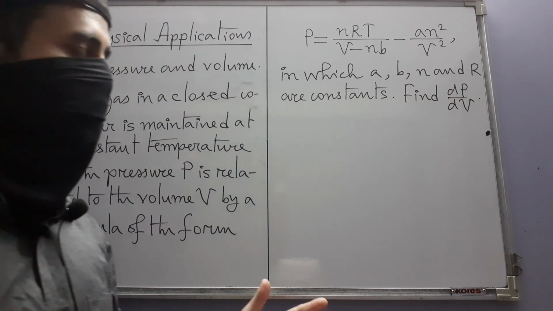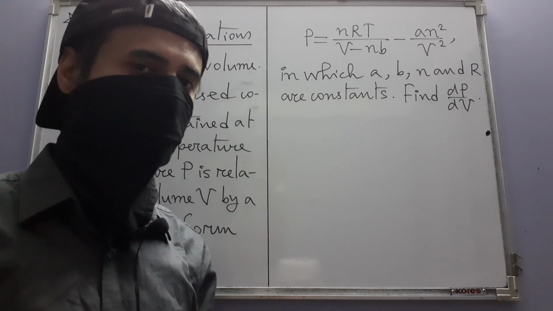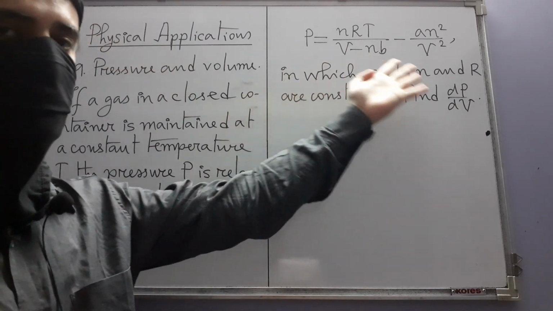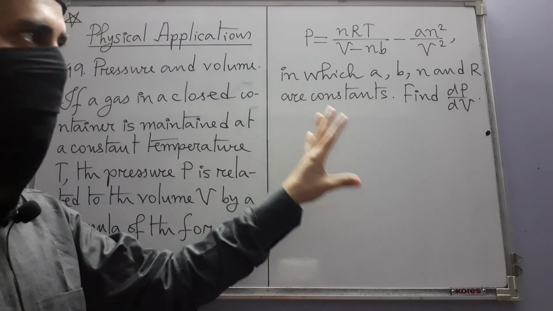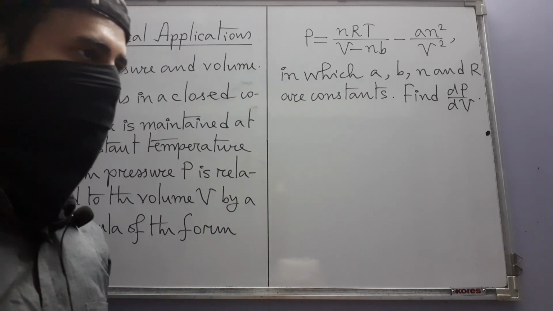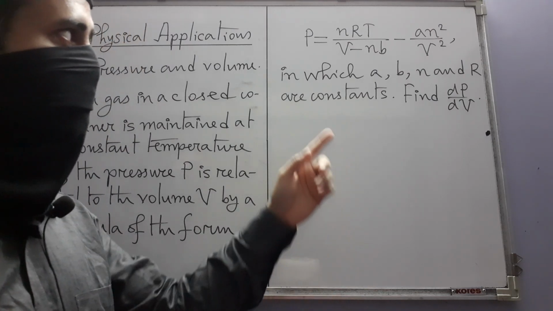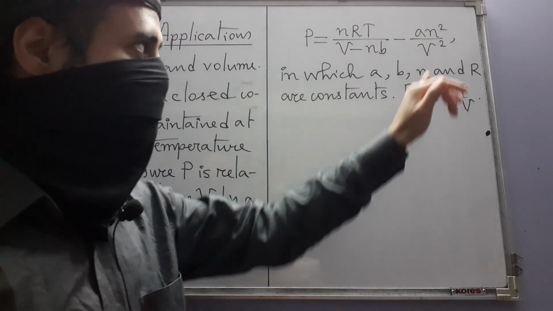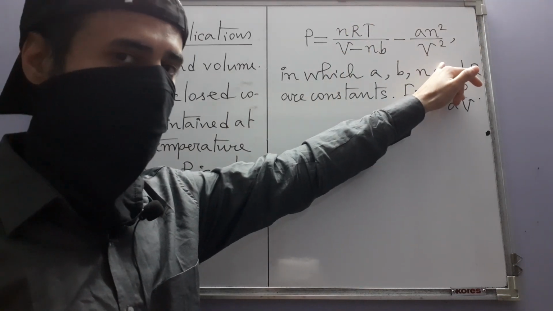Actually, you are most probably already familiar with a special case of this formula. Maybe you did not see this one itself, this is a general one, but you are at least familiar with the case where a and b are both 0. If a is 0, this second term vanishes.